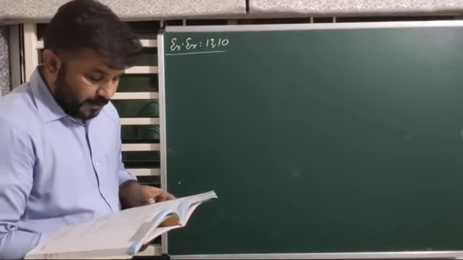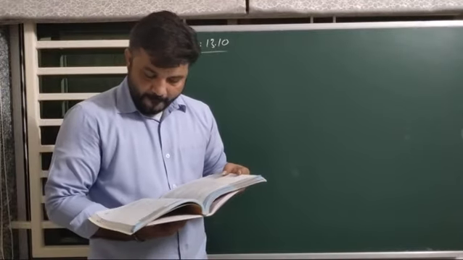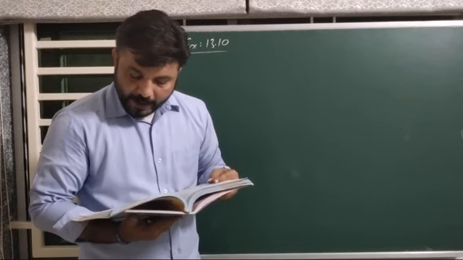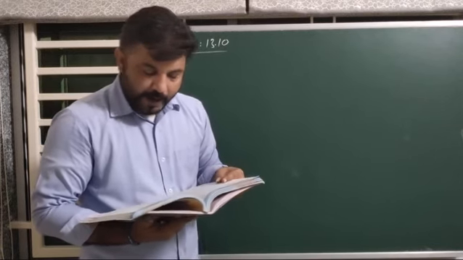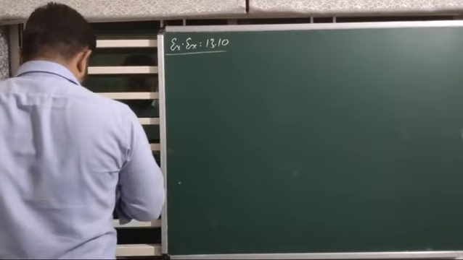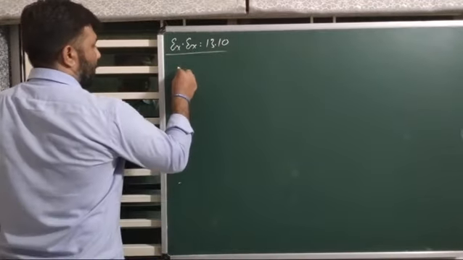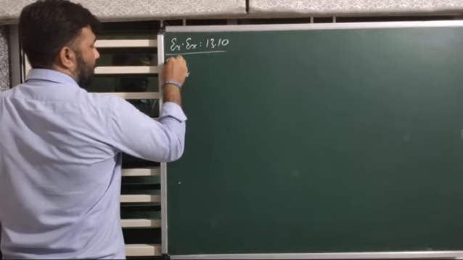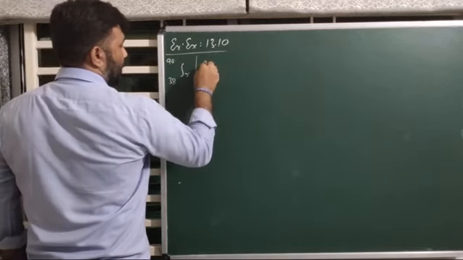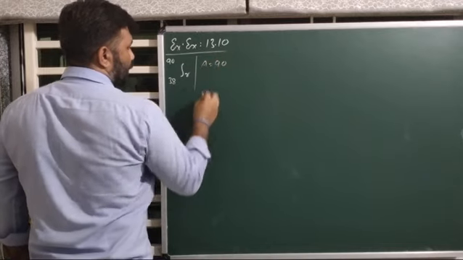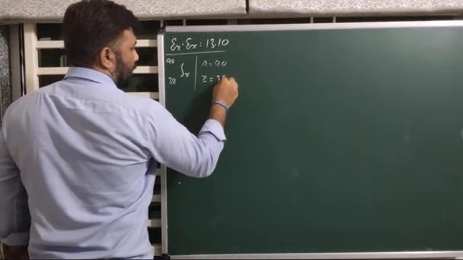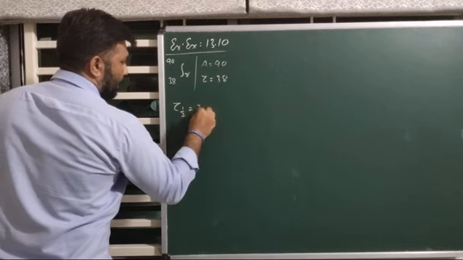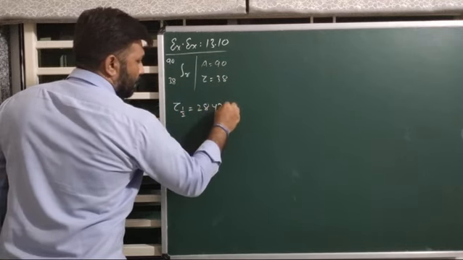13.10. It is given that the half lifetime of Sr-90 with atomic number 38, that is, atomic mass is 90 and atomic number is 38, and its half lifetime tau half is given as 28 years.